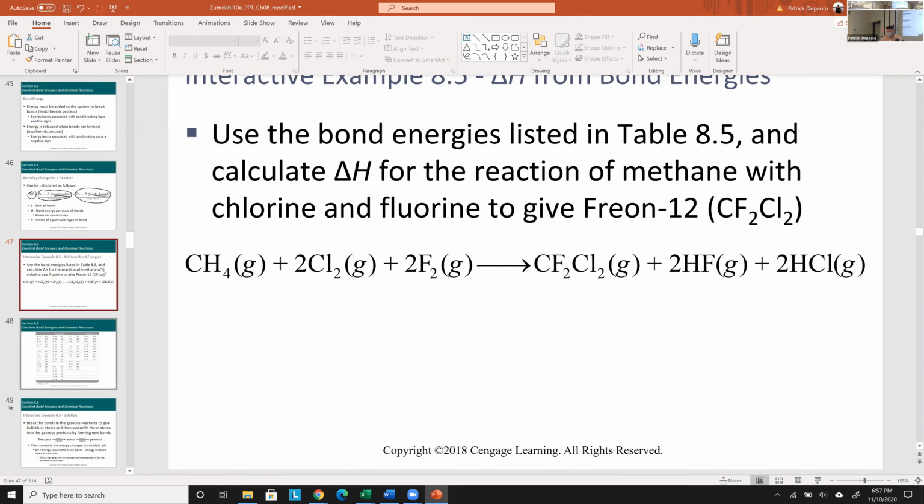So let's go through the bonds. I'll do the first one, the CH4. In CH4, there's not a single CH4 bond, right? It could be split apart into 4 CH bonds. Now to do this, I don't know why they taught this, they covered Lewis structures before, but Lewis structures are really important to know for this, because you need to know: are they bonded with a single bond, a double bond?